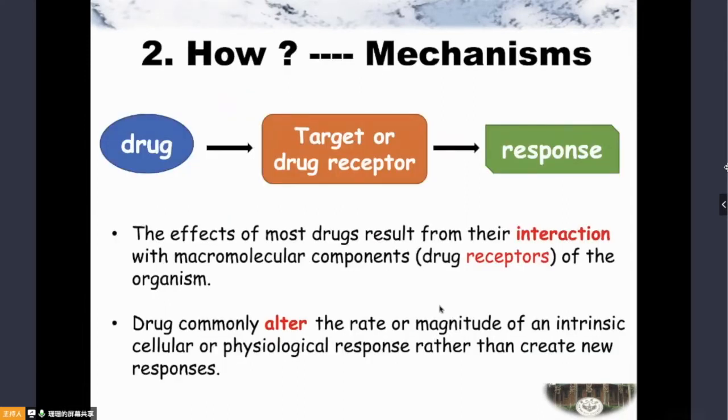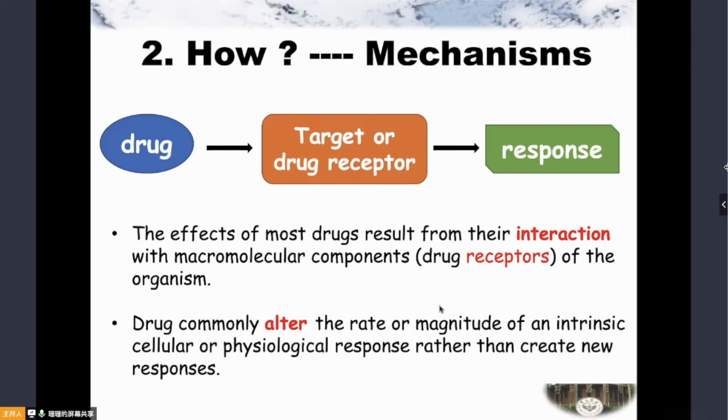And the second part of PD is how the drug has its effect, which is the mechanism of the drugs. After thousands of years of exploration, from experience to experiments, we know that a drug has its effect not by magic. The effect of most drugs results from their interaction with their receptors.